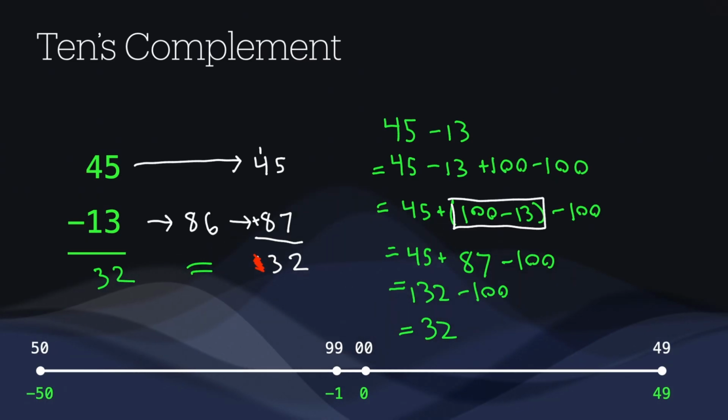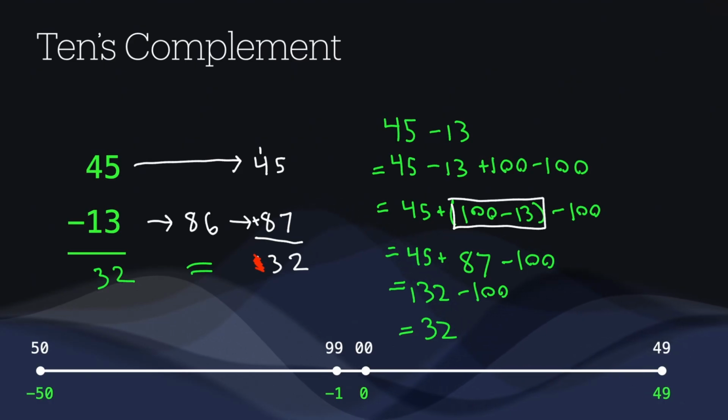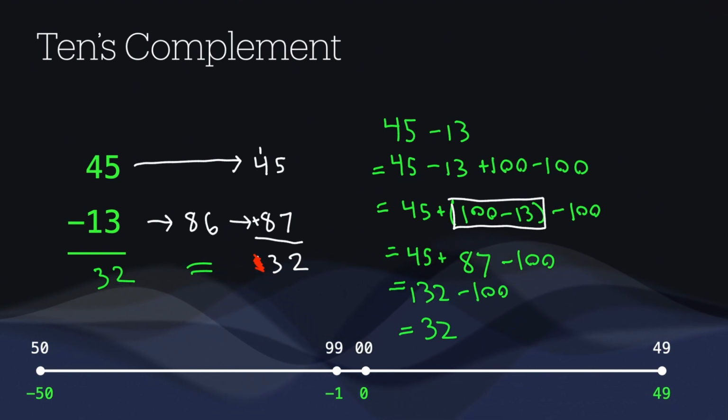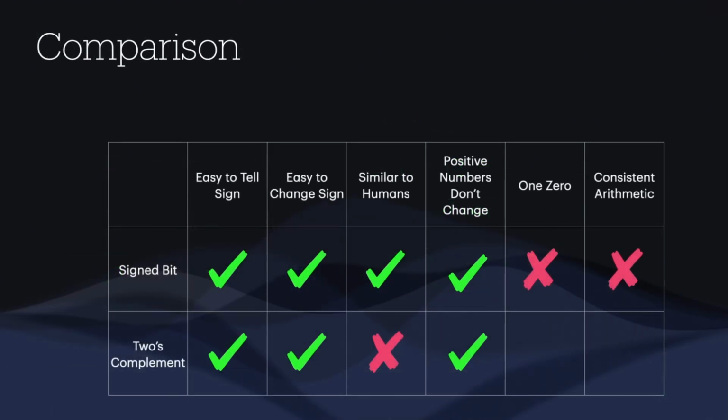Both 2's complement and 10's complement just allow us to abstract out the whole process of subtraction by first finding the complementary number and then lastly discarding the extra bit or digit at the end in order to get our final result. So even though it's not similar to humans, there are some clear benefits to this system.